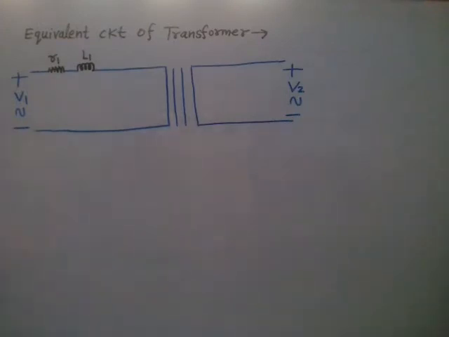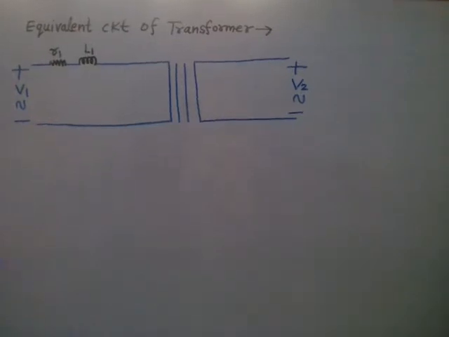And if you want to represent the ohmic value, then you write XL1, or simply X1. X is the inductive reactance, which is equal to 2 pi f L. f is the frequency, 2 pi is a mathematical number, L is the inductance.